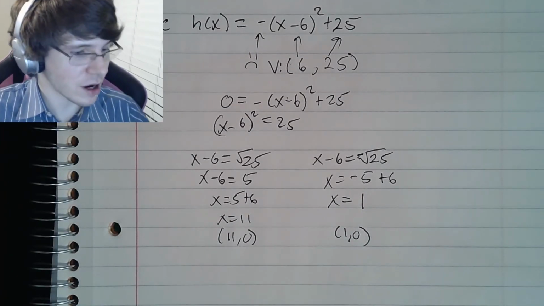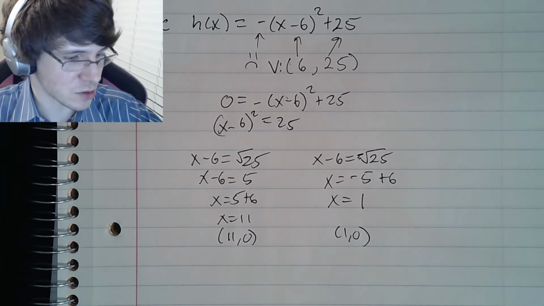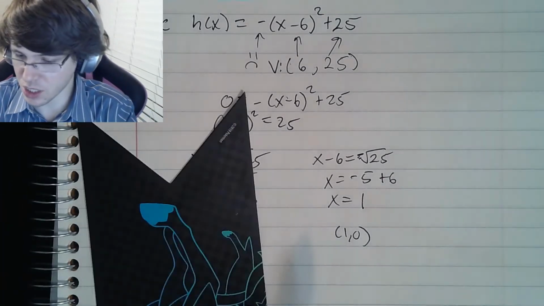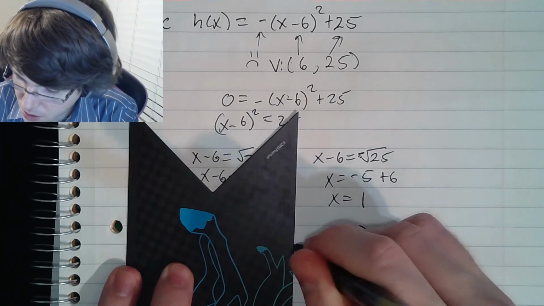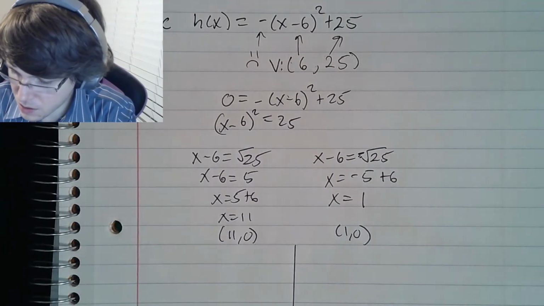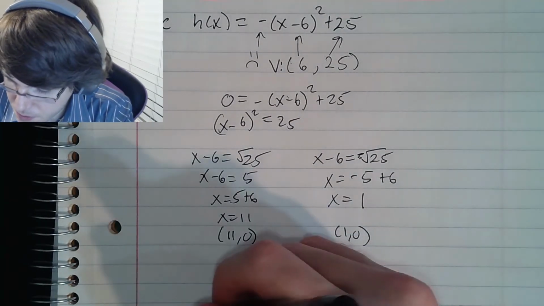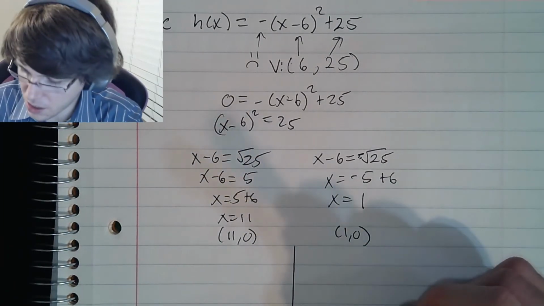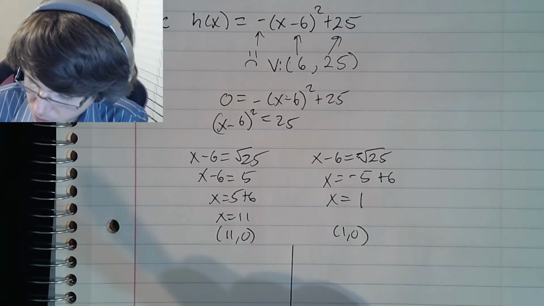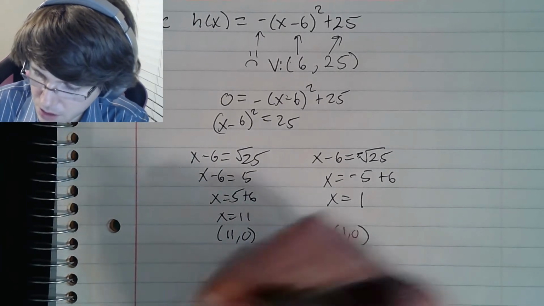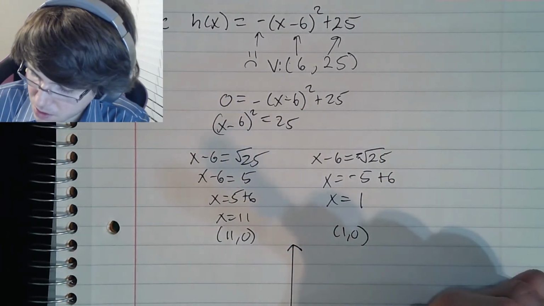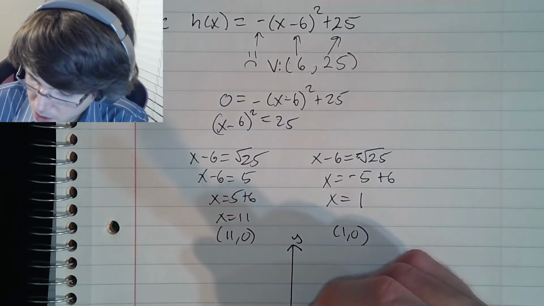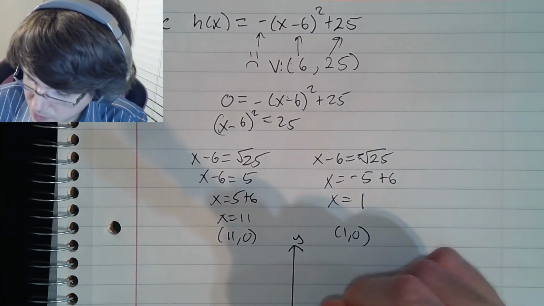So creating our graph, grab that straight edge, whatever it is that you're using to create those straight lines. So here we go. And here you're going to use a little bit of thinking for what your tick marks are going to be. There's my x, there's my y. 1, 2, 3, 4, 5.